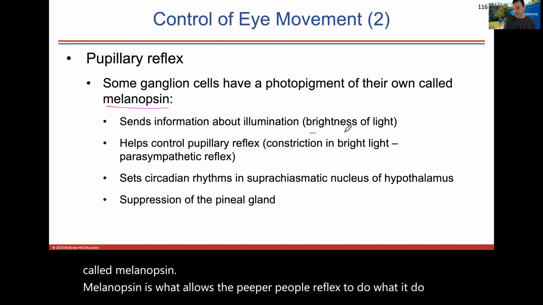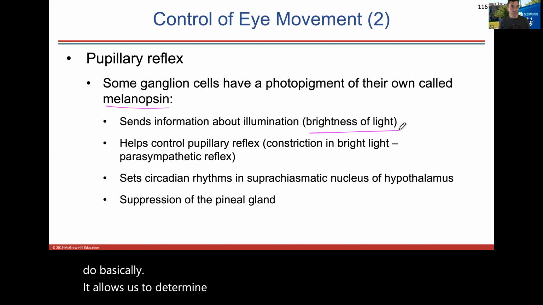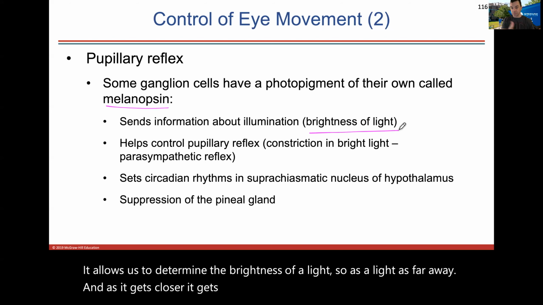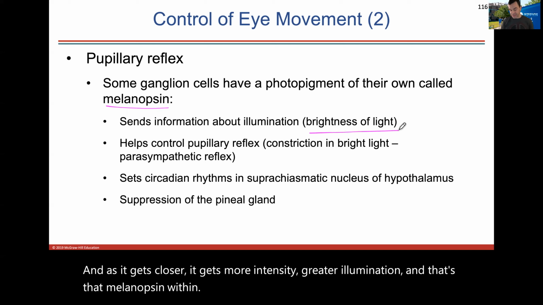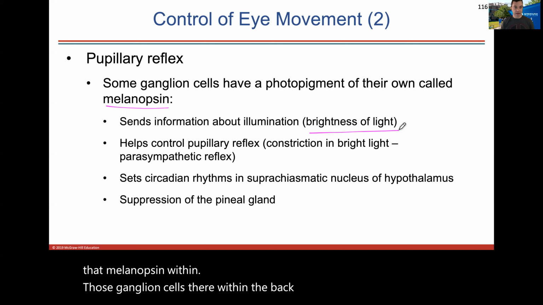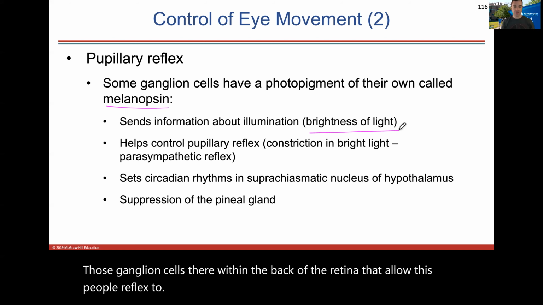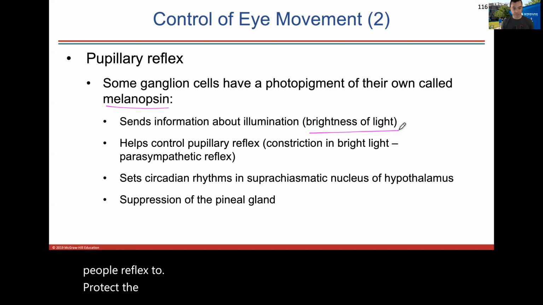It allows us to determine the brightness of a light. As a light gets closer, it gets more intensity, greater illumination. And it's that melanopsin within the ganglion cells at the back of the retina that allows this pupillary reflex to protect the eyeball and not have it be so painful.